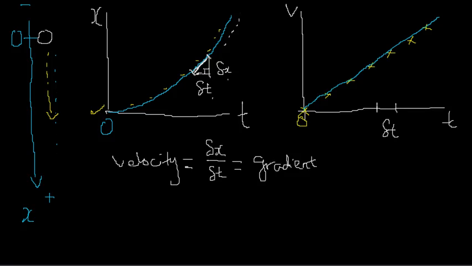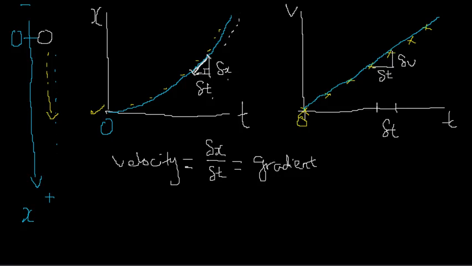So over this short time interval delta t, the velocity increases by a small amount, say, for example, delta v.